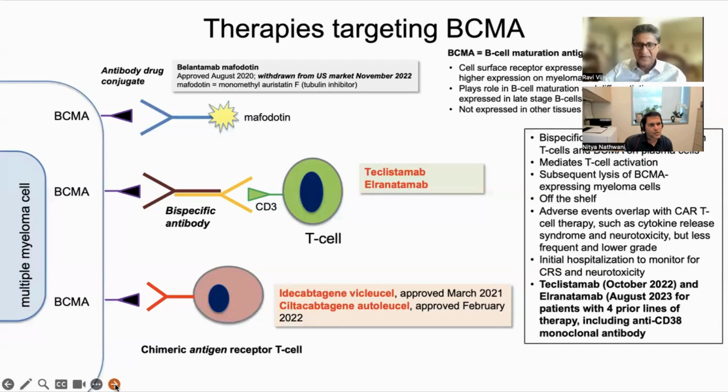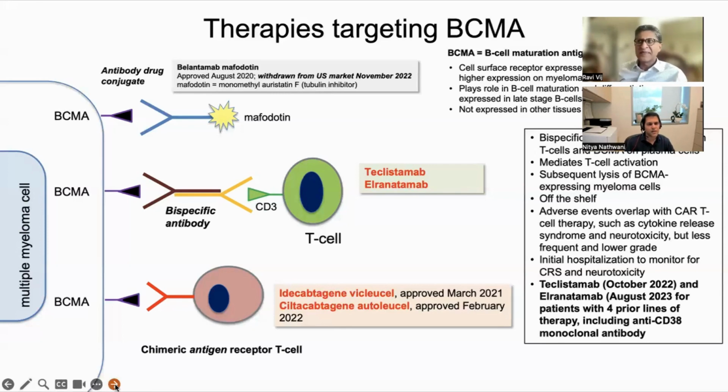So those were the conventional monoclonal antibodies, and then bispecific antibodies are another variation on this theme. Bispecific antibodies have two targets, and that's why they're called bispecifics. One half of the antibody recognizes the target on the myeloma cell, and the other half of the antibody usually recognizes a molecule called CD3, which is a receptor on the surface of the T cells that activates the T cells.